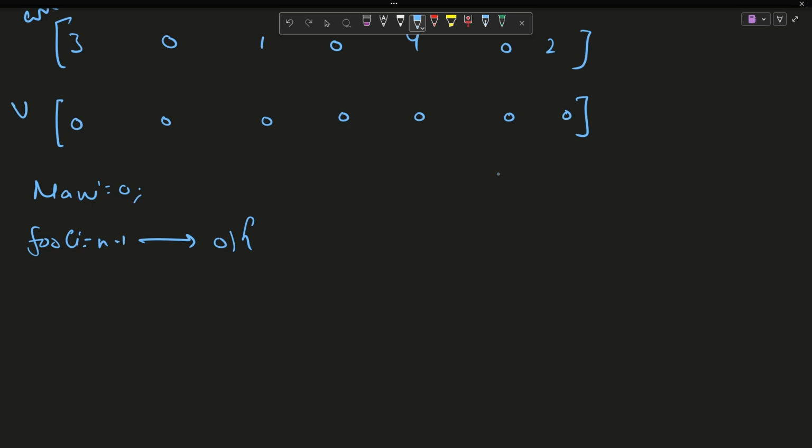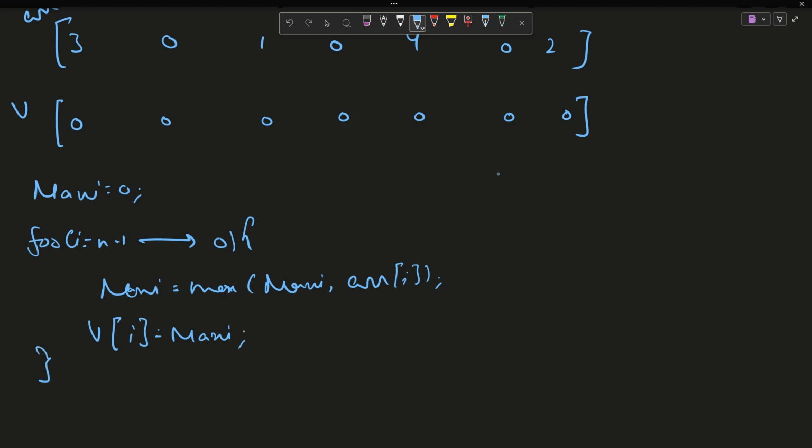What do we do? We say maxC equals max of current maxC and ARR[i], and then V[i] equals maxC. And then this loop will change this array to 2, 2, 4, 4, 4, 4, 4, right?